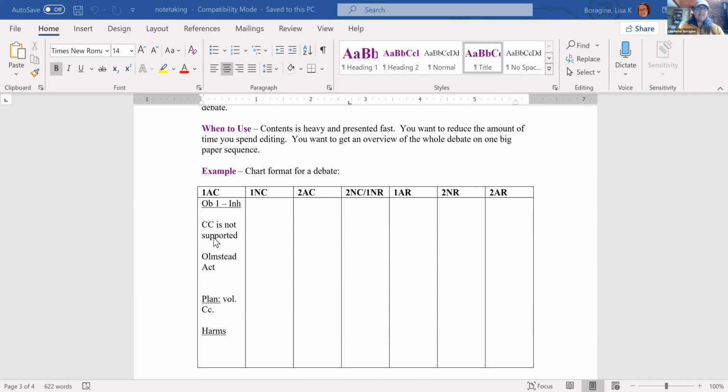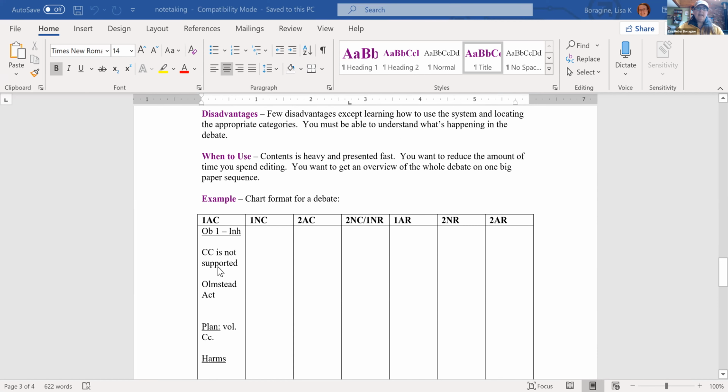So you have to leave space, okay? You can see the whole debate theoretically in one place, but you probably need to use several pages. This is a great system to use, and I'd like to encourage everyone to practice using this.